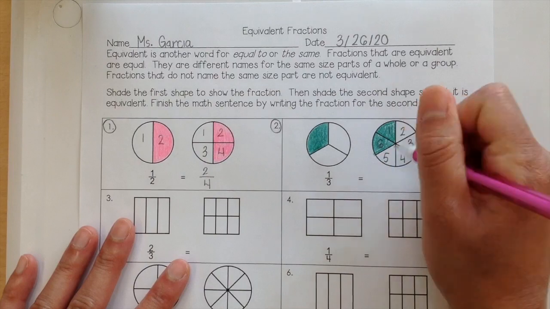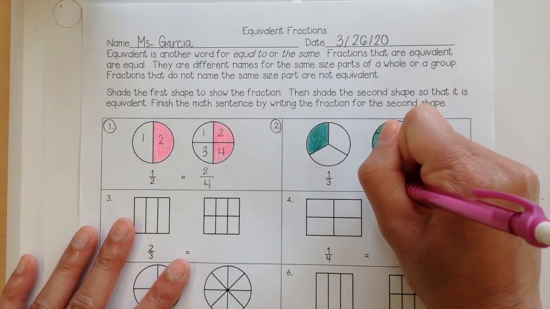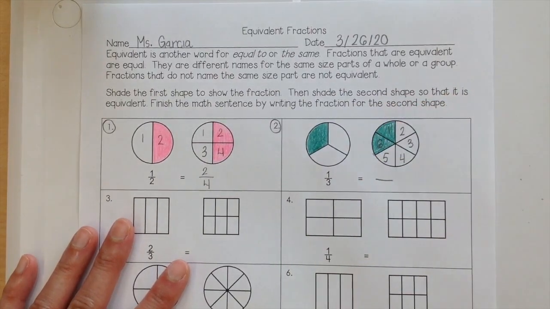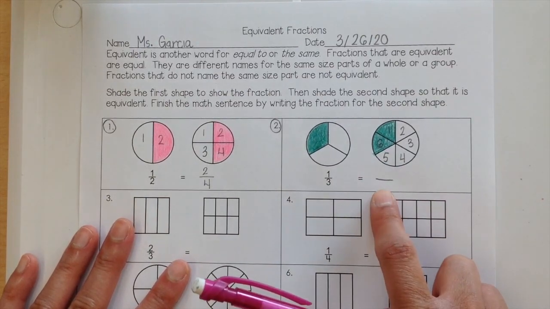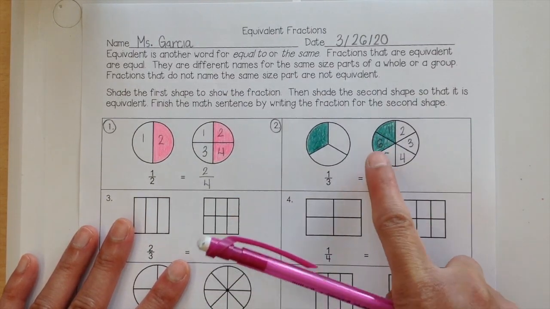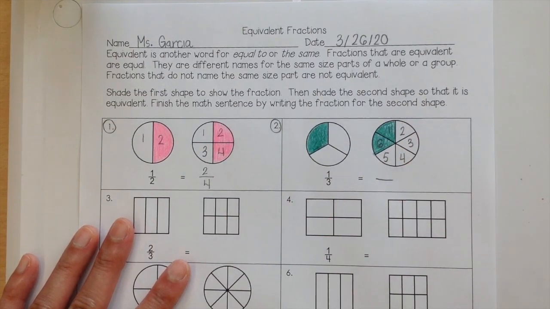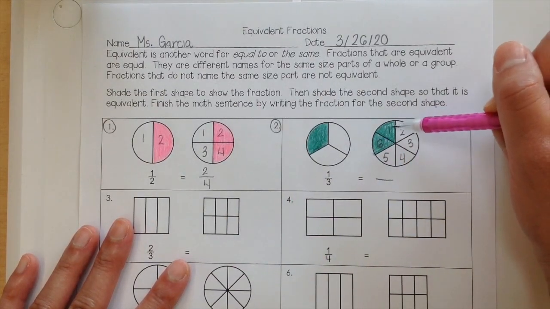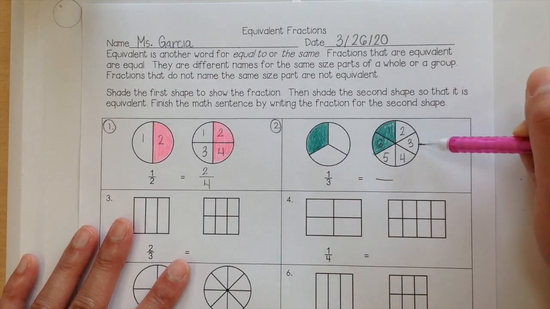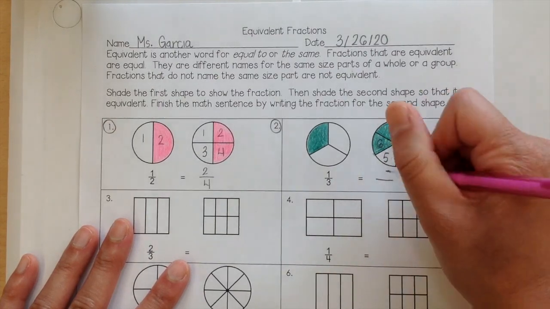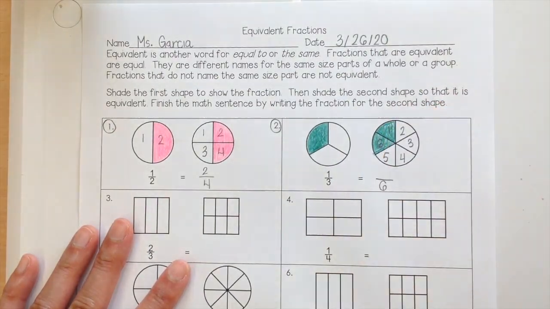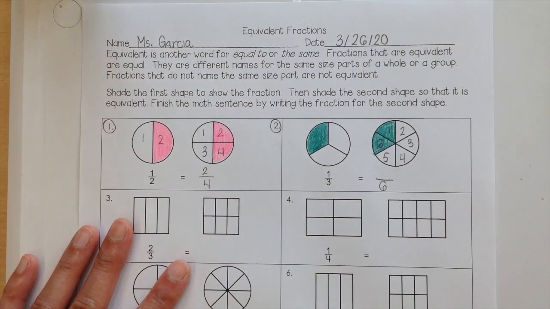So all I have to do now is I have to write my fraction. So I start by writing my fraction bar. I'm always going to need one of those, so I write it right away. And then I just write the total number of shares that were in this circle. I already counted, but I'll remind you. There were 1, 2, 3, 4, 5, 6 parts altogether, 6 slices of pizza.